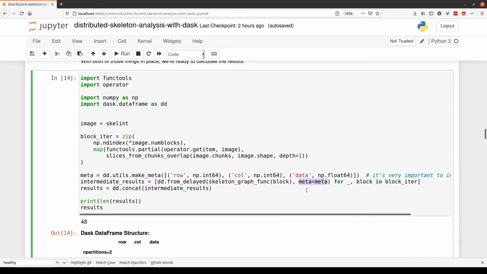If you don't do that, Dask is smart enough to try and figure that out for you, which ordinarily would be really good, except that because it's in a list comprehension, it does this extremely slowly and sequentially, so it's not parallelized at all. And that's really unnecessary in our case because we know the type of result we're going to get back. It's just that we don't know the length, how many data points will be in it. So that's relatively easy for us to calculate using this Dask dataframe util function called make_meta.